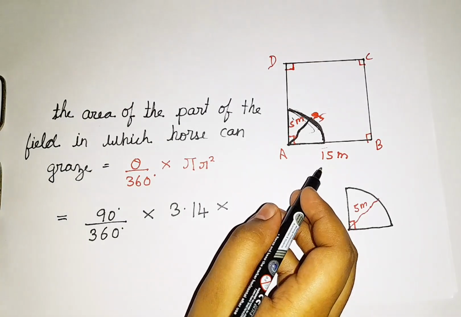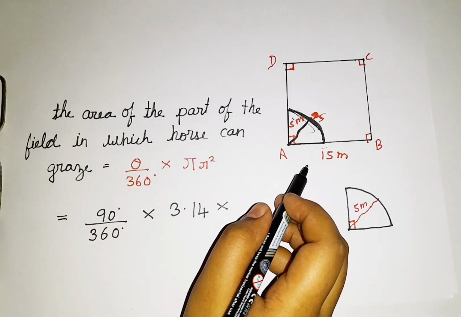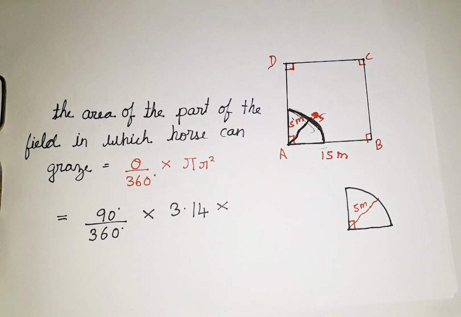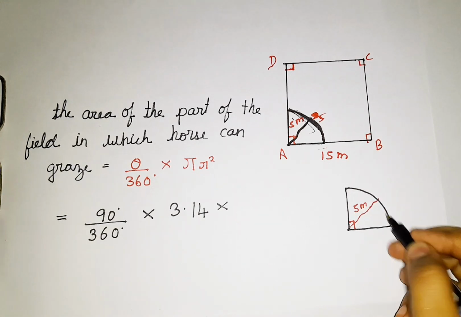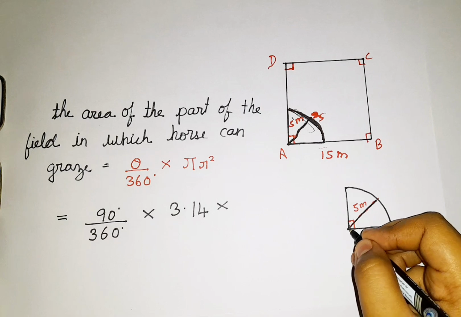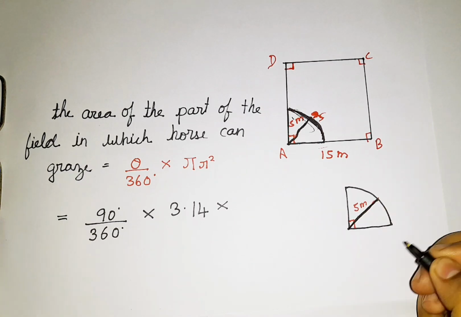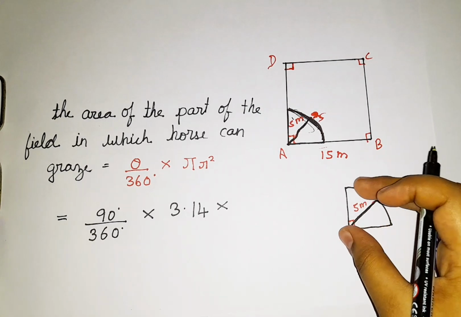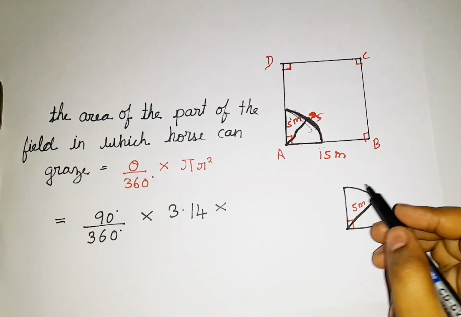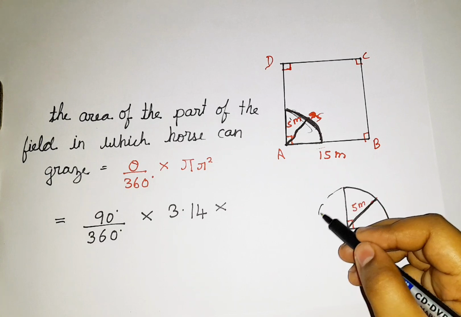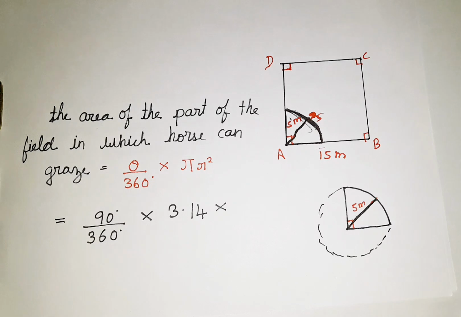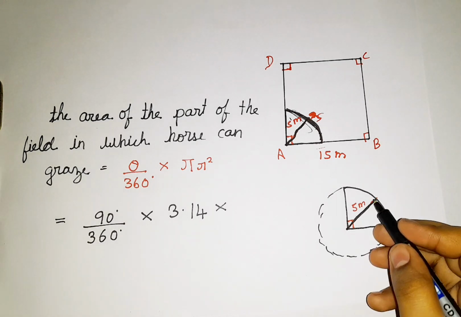The radius here is the rope, because for this sector the rope is 5 meter. Do you think this is a radius? Of course, because this sector belongs to a circle. When you draw the circle completely like this, this is a radius.